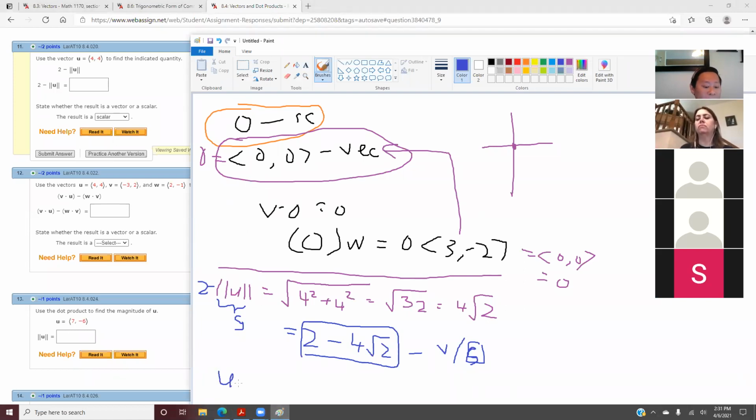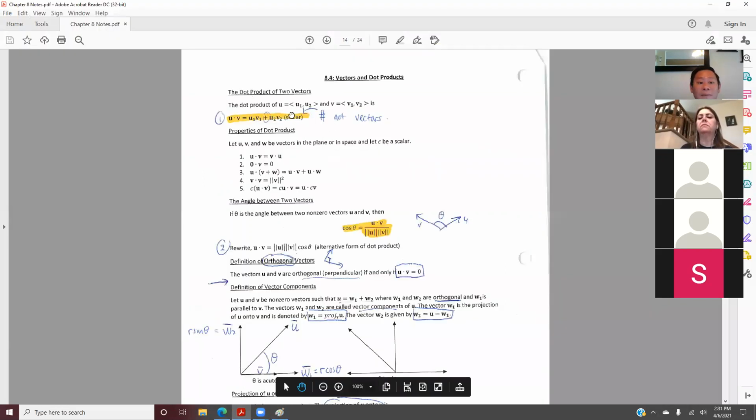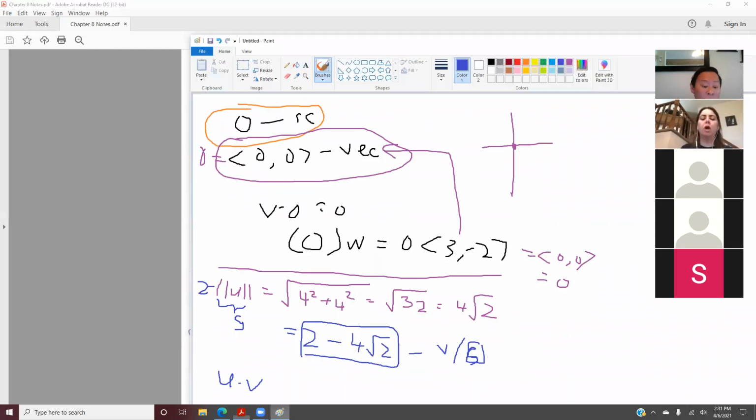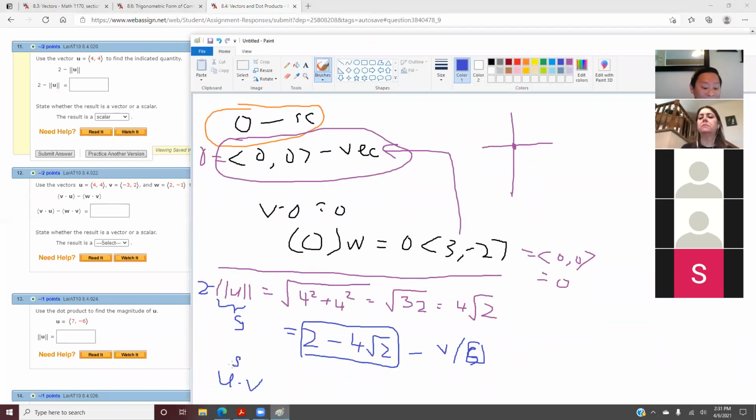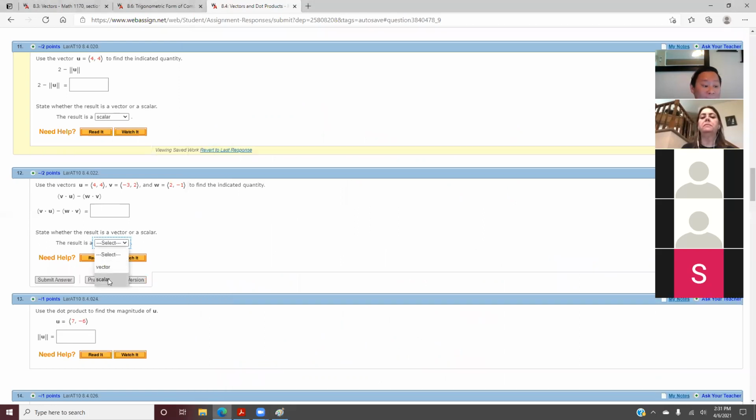Don't forget, every time when you dot something, it's always going to be a what? Yeah, it's going to be a scalar. So I want to point out again that if you do v dot u, you will end up with a scalar. And if you do w dot v, you end up with a scalar. So if you subtract these two, you will end up also with a scalar.